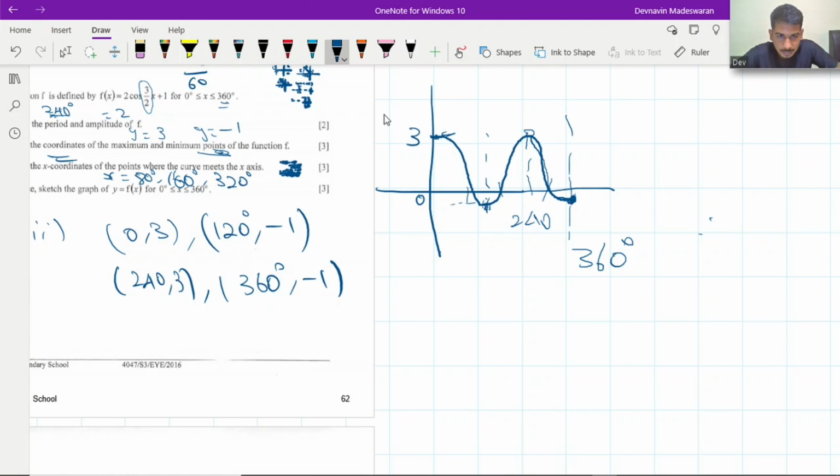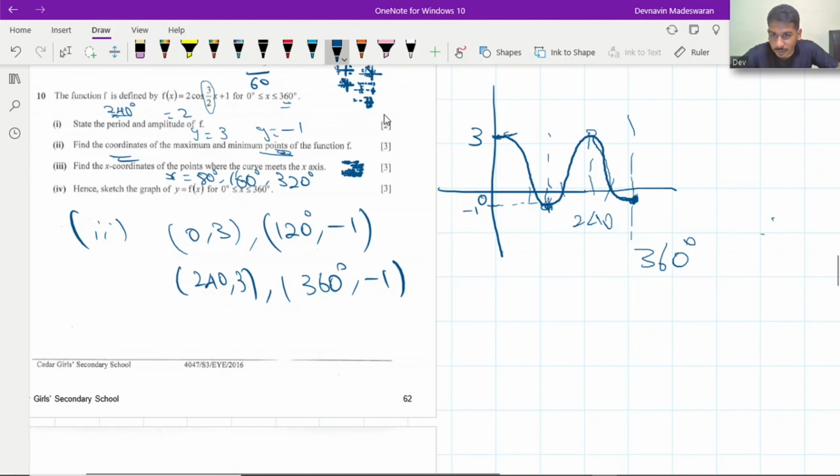This is going to be negative 1. The minimum points, it's going to be 120, right? Yeah, 120. And then it's going to be 360 here. So okay, 360 degrees, X and Y.